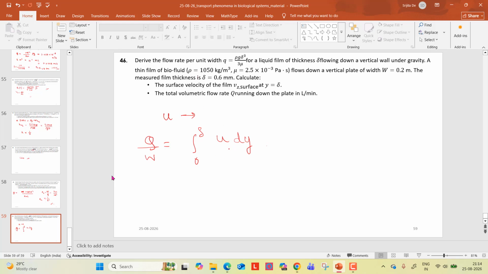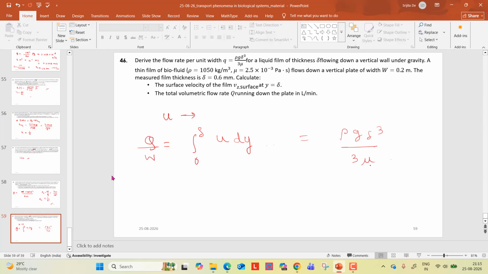You do this, and you will get the expression of Q. Let me give the final expression for you. It will come as rho g delta cubed by 3 mu. Exactly, it will come.